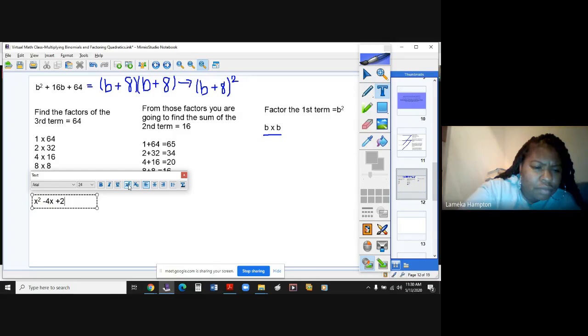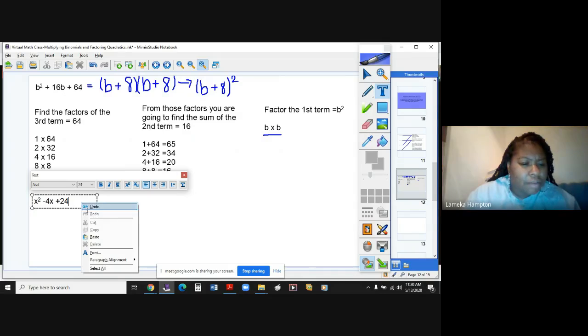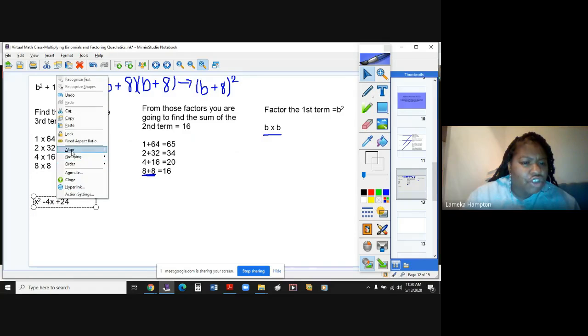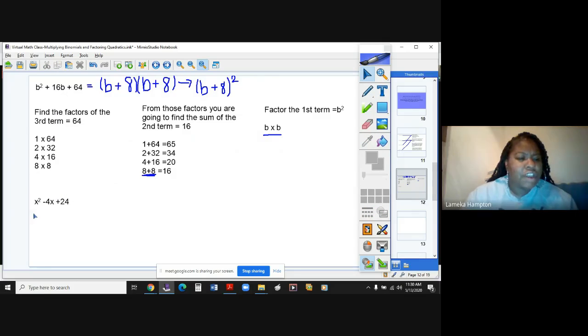Okay. All right, so I'm going to go ahead and lock that in place to make sure it doesn't move anywhere. All right. So now the good news is I have all of my steps up here, so I don't necessarily have to rewrite them. So you can already see the steps.